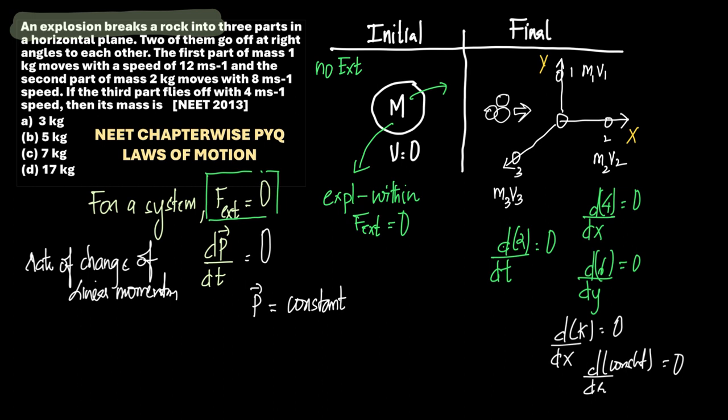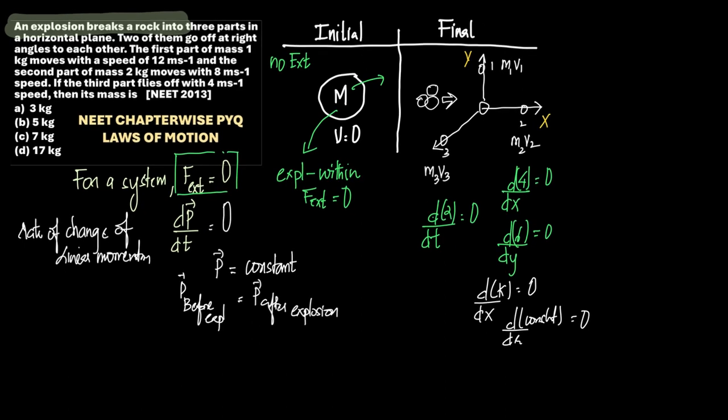So when you have linear momentum as a constant, it implies that momentum initial should be equal to momentum final. Or in other words, momentum before explosion should be equal to momentum after explosion. I hope that makes sense, right?